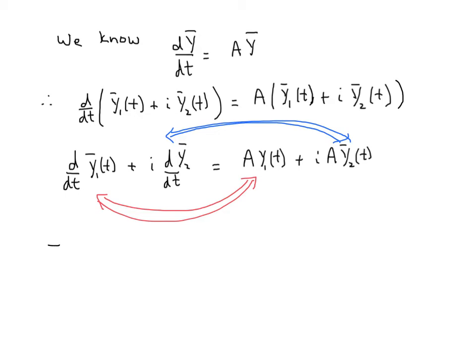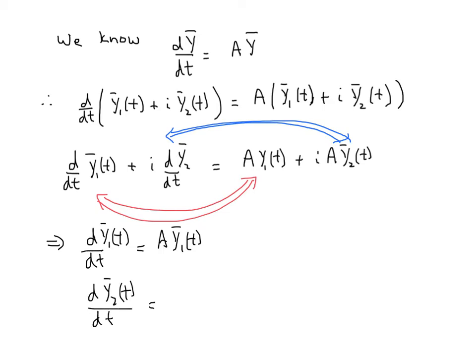And this implies that the derivative of y1 of t must equal ay1, and the derivative of y2 of t must equal ay2. I'll put the t in there.